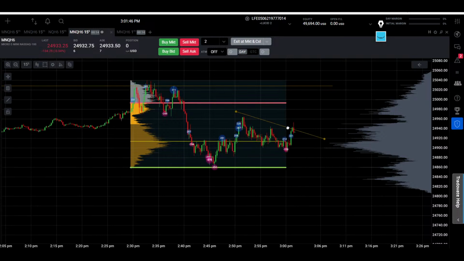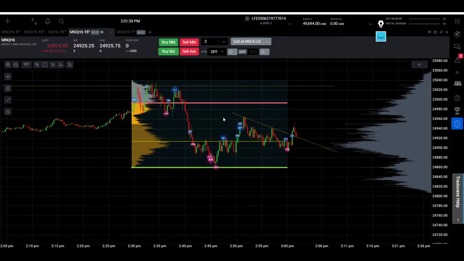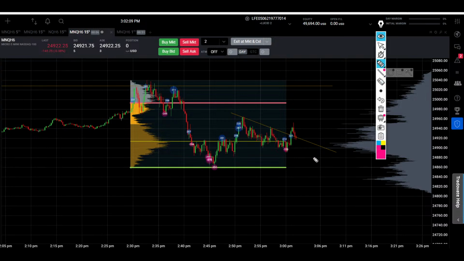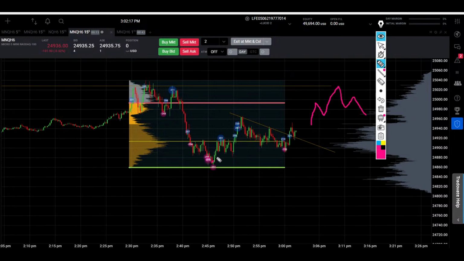This was a valid setup, not very valid because the impulse was not very strong. I don't like an impulse like this. If you have an impulse like this and then you have something like this, it's not very strong.